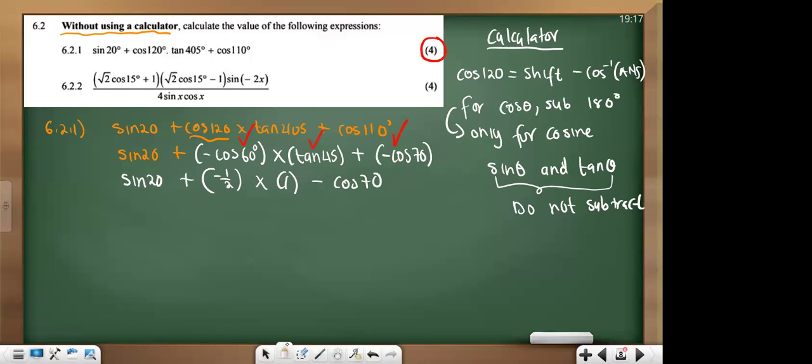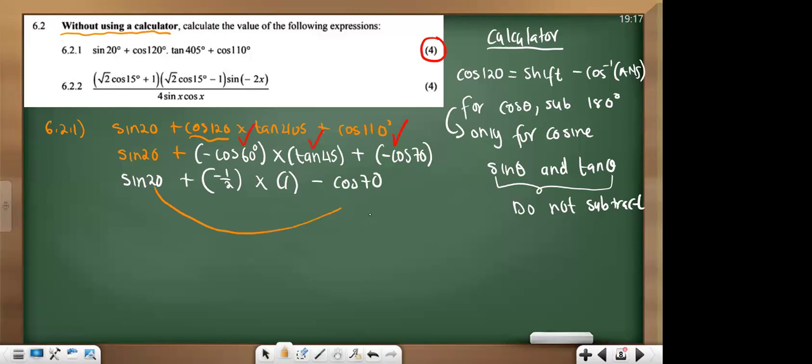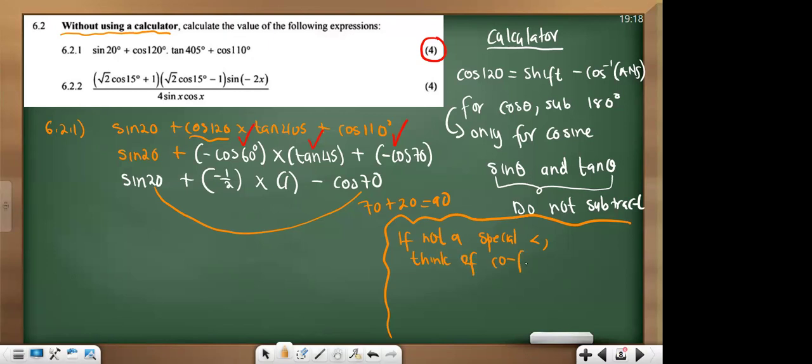Wait, I told you to use an eagle eye. 70 plus 20 will give you 90. I know you know the idea. Whenever your solution is not a special angle, listen to me, what you should think of is cofunction.